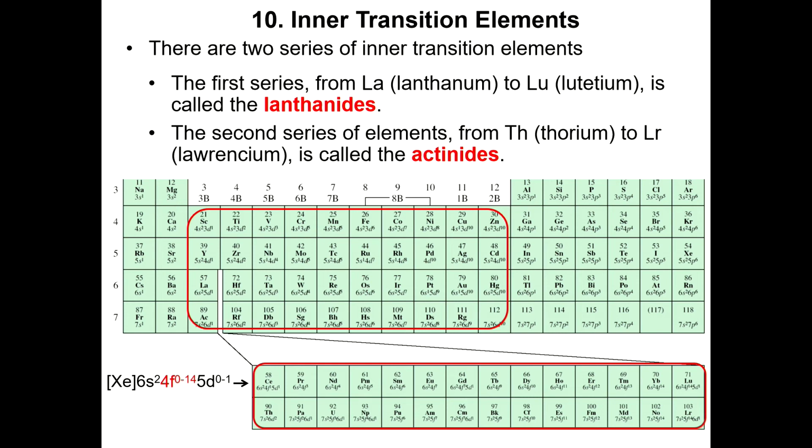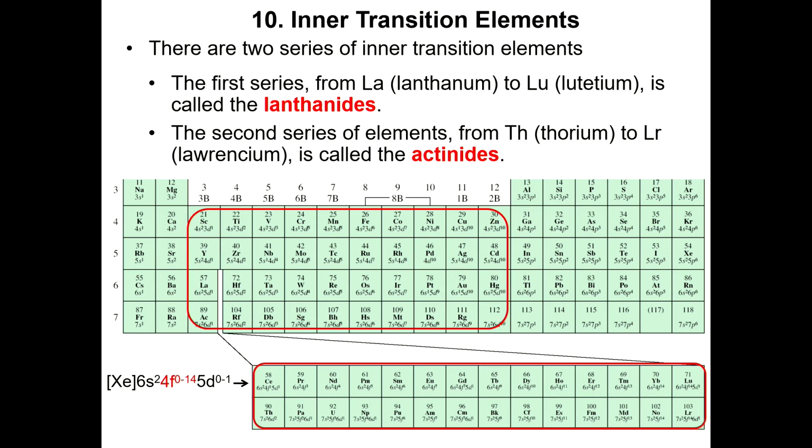When the 5d orbitals are fully filled, the electrons will be filled into the f orbitals. So these kinds of elements can also be called f-block elements.